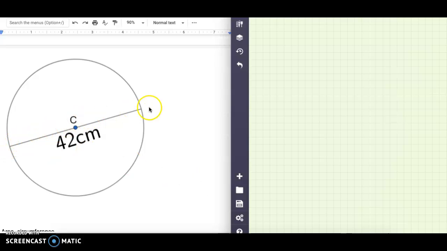So all the way across here is 42 centimeters. What is the area of this circle? What is the circumference of this circle? The distance all the way around. The circumference of the circle.